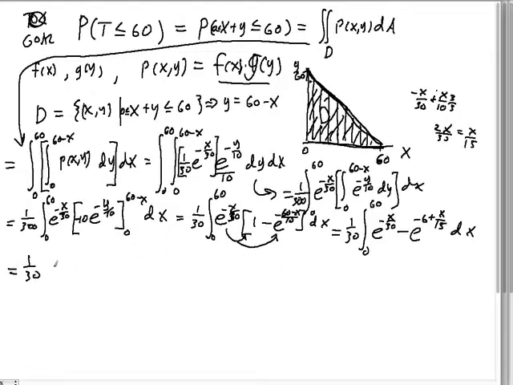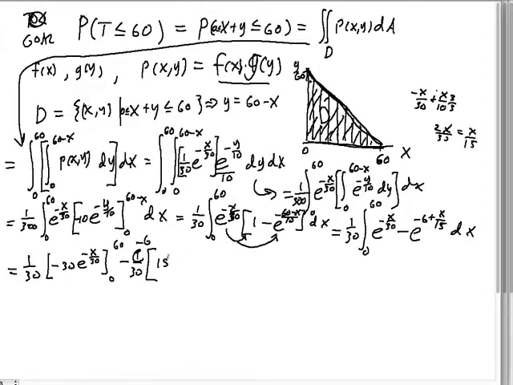All right, so now we can compute this. We can take the antiderivative of the first one, and that's going to be negative 30 e to the negative x over 30, evaluated from 0 to 60. And then here we have a negative as well, and put the 1 over 30 there. And we can even move this e to the negative 6 out, because it doesn't matter.